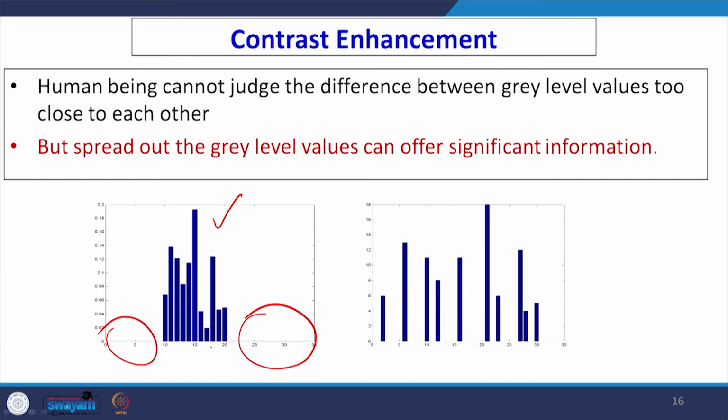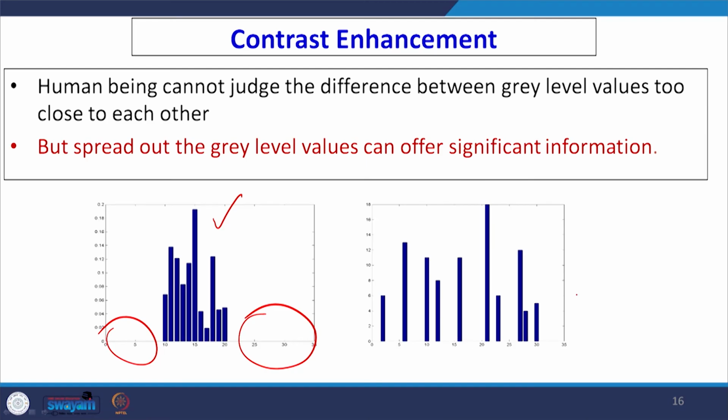But when you are stretching this histogram to improve the contrast of the image, the values now occupy the whole range of the histogram, and this is called contrast enhancement, because we should get a better contrast image.